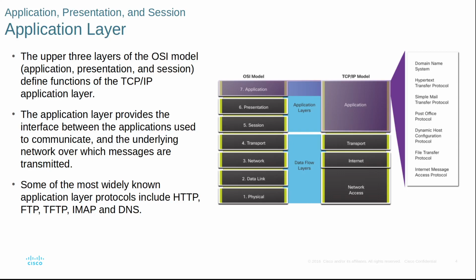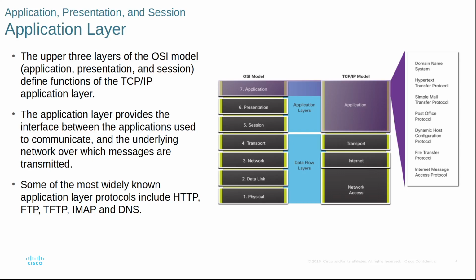So this provides all of the interface for the applications being used to communicate. And some common ones that you tend to see and use are DNS, the domain name system. Without that, we wouldn't have the internet, right? That maps IP addresses to FQDNs, fully qualified domain names.